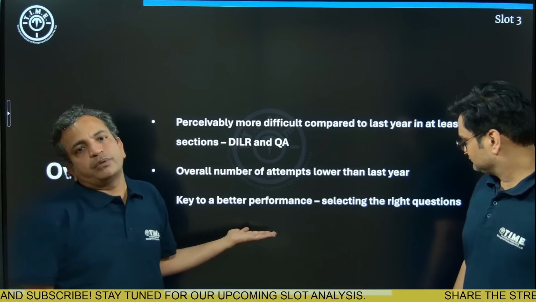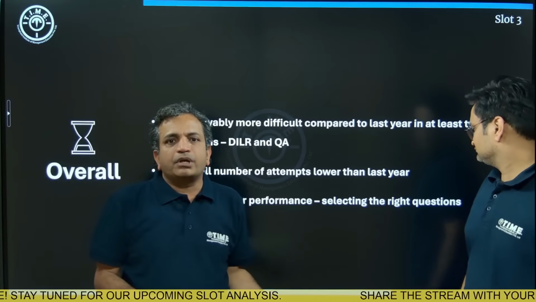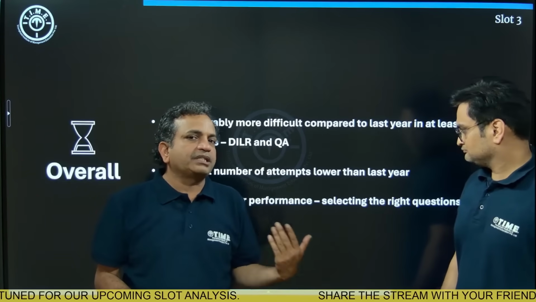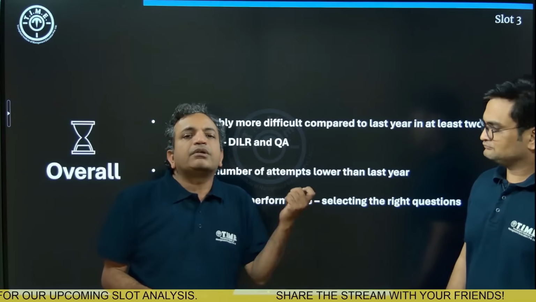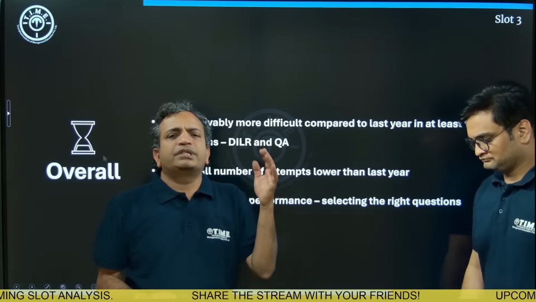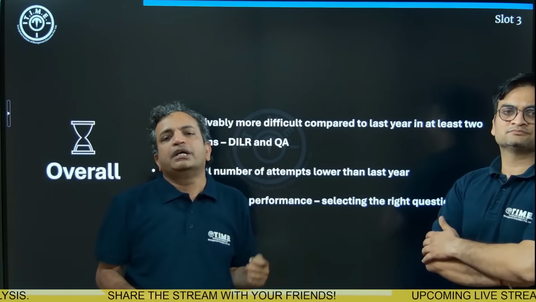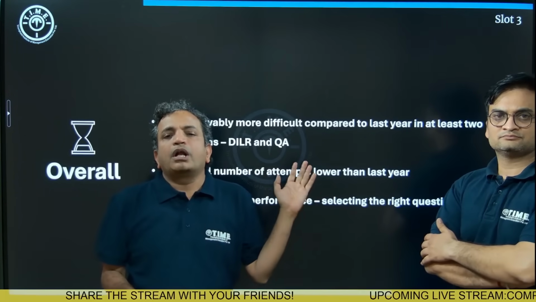And key to better performance would be obviously selecting the right questions, not wasting your time in the wrong questions, getting out of such questions as quickly as possible, making sure that you are not missing out on the easy and doable questions, which is the key aspect of the test taking strategy sessions that we do with you, that we try and keep driving with all our students.